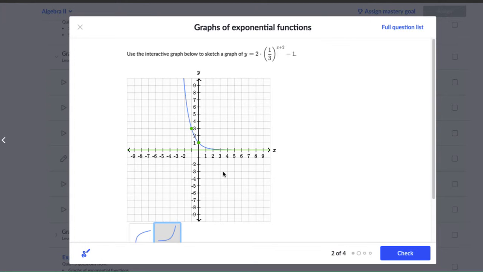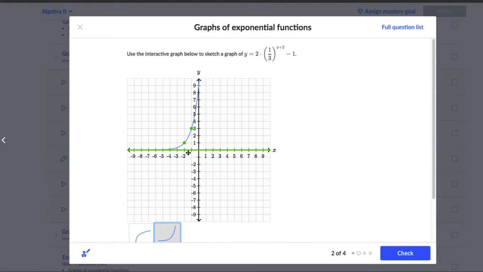Okay, I'm only going to deal with this point for now, and then I'll do this one later. This point, I'm going to first do what? To the left 2. 1, 2. Okay, I just went left 2. Next, do I need to reflect that over the y-axis? No. And you don't do that because it's not negative. Next, what do I do with its height? You multiply it by 2. So instead of 1, it is 2.